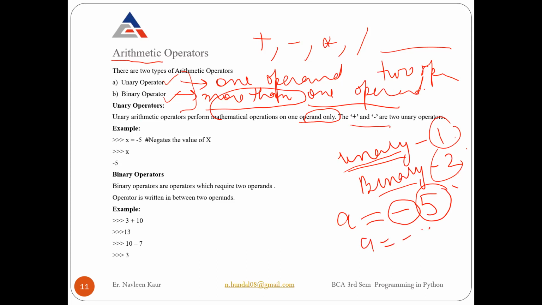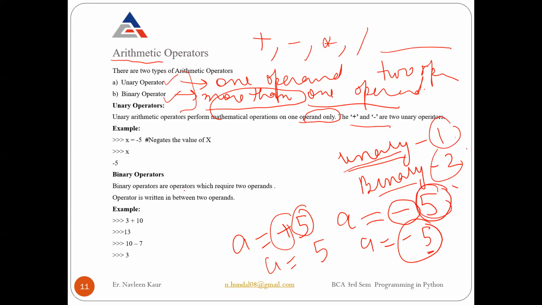If I write a equals plus 5, this plus is also a unary operator, although it does not make any change, since it is already a positive number. So a equals 5. Here plus is a unary operator because it needs only one data.